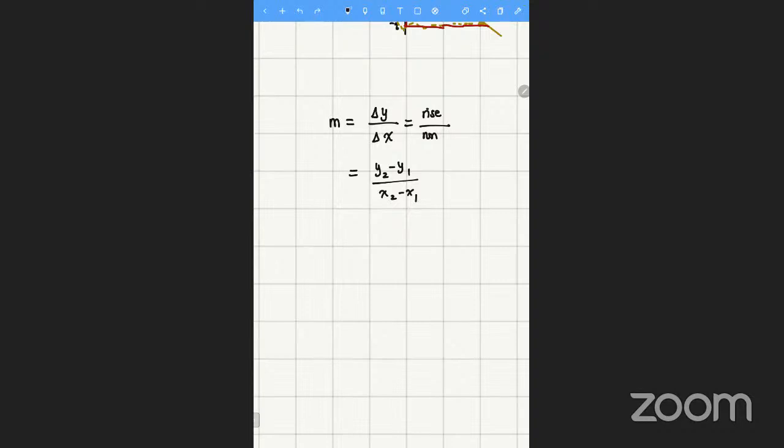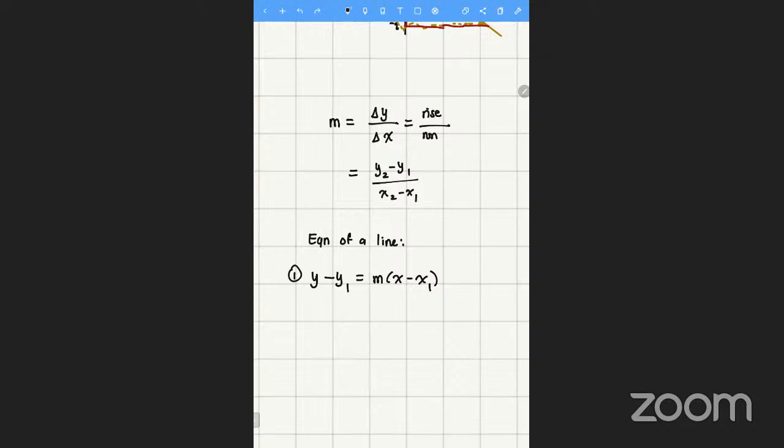And I'm going to show you another way. So there are 2 different methods for writing the equation of a line. One is y minus y1 is equal to m times (x minus x1).